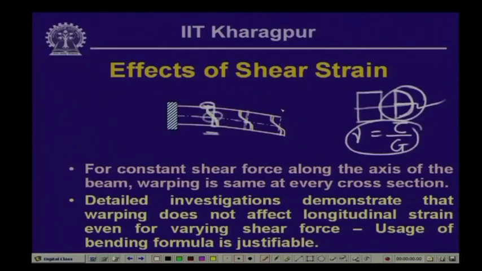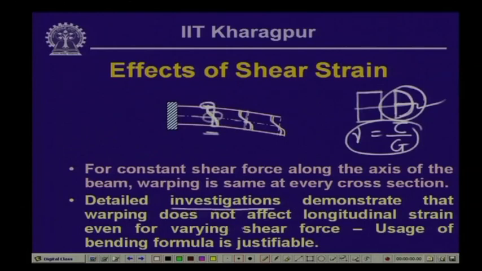So, if you have a beam where the shear force is constant and the warping is uniform in all cross sections, it does not have any effect on the longitudinal strain, and consequently we can use the bending formula even if the bending moment is not uniform, that means it is along with the shear.